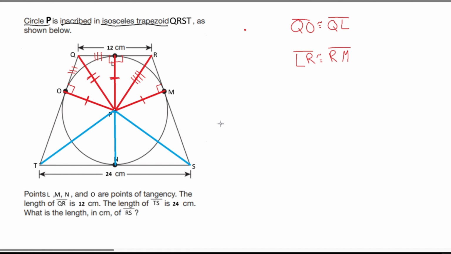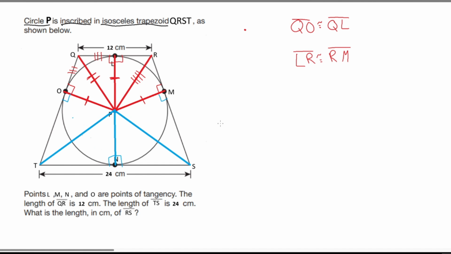So first we know, again, that since the radius and the tangent line intersect, they form a right angle. Same with this one here, this one over here, and this one over here. From here we can prove that these two triangles are congruent.